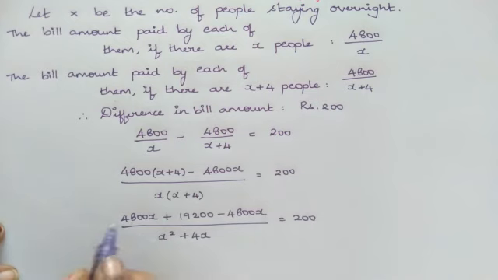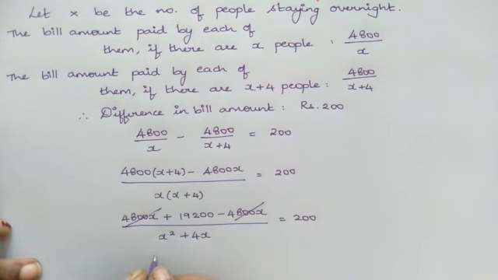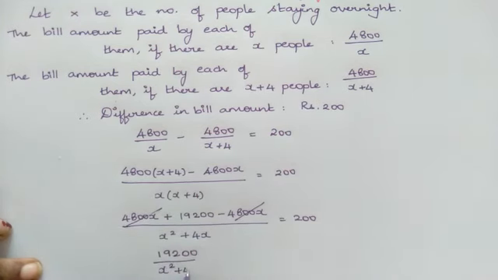Now in the next step, 4800x minus 4800x gets cancelled. So this will be 19,200 by x square plus 4x, which is equal to 200.